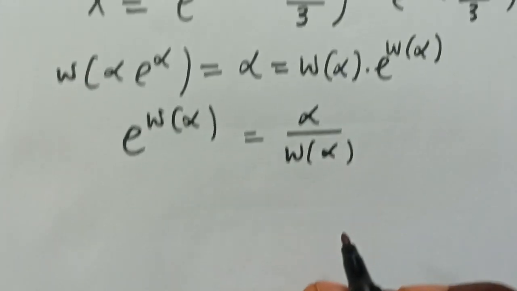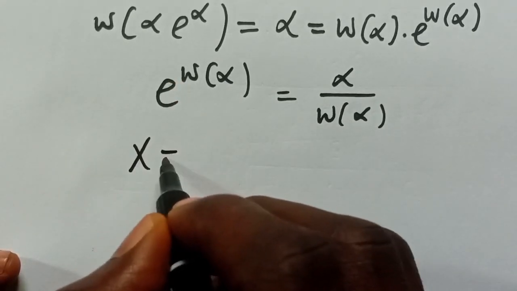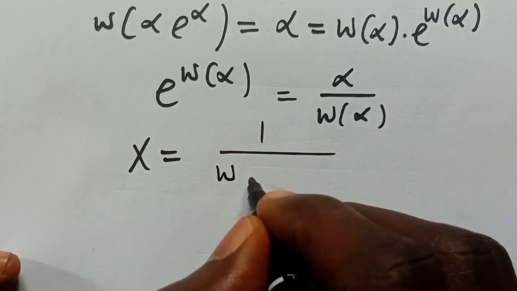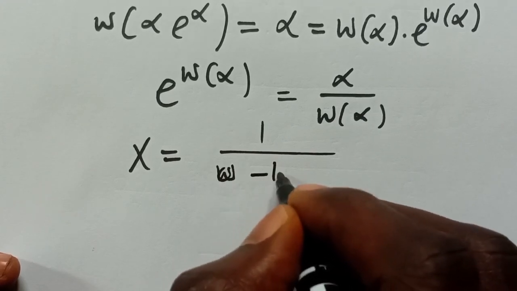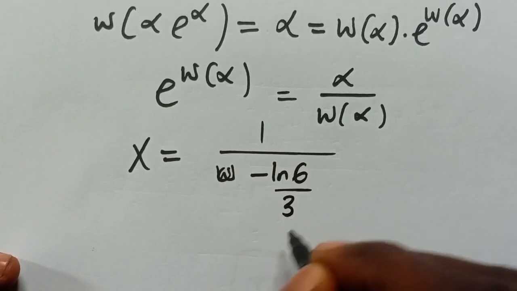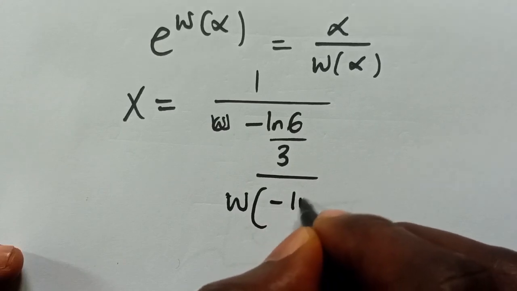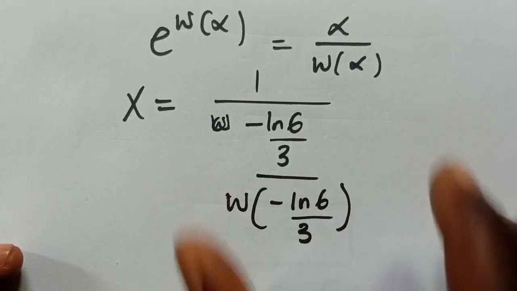So we're going to have x equals 1 divided by the W Lambert function, that is minus ln of 6 divided by 3, again divided by the W Lambert function of minus ln of 6 divided by 3. So this one will go up.